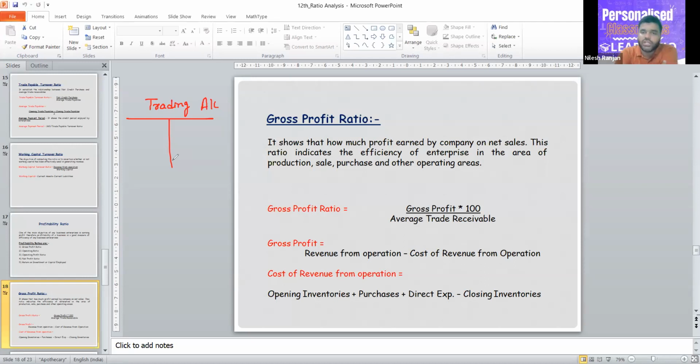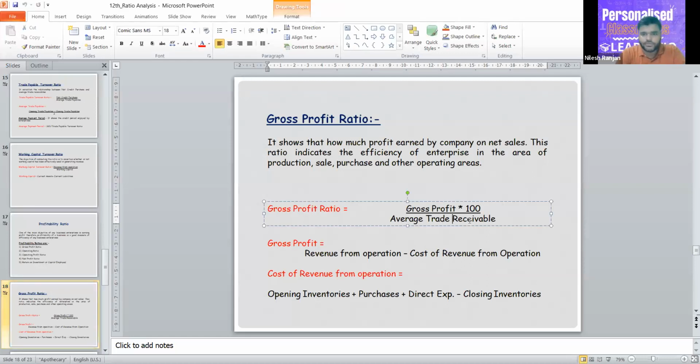You can see the formula: gross profit into 100 divided by average trade receivable. Actually, the formula is a little incorrect here. Let me correct it. This is not average trade receivable, it is net sales.